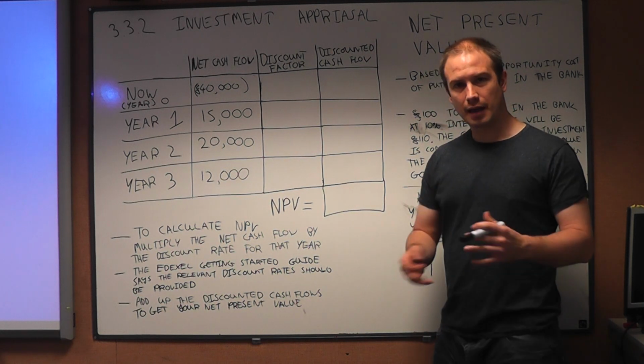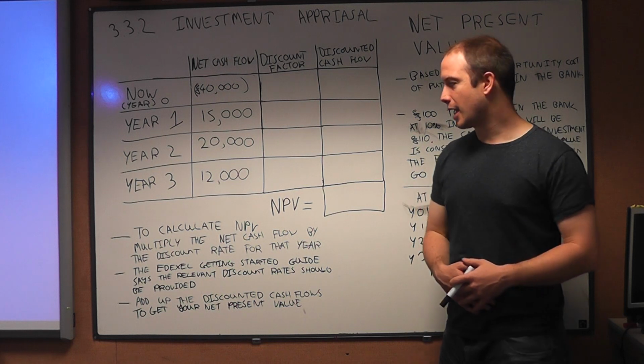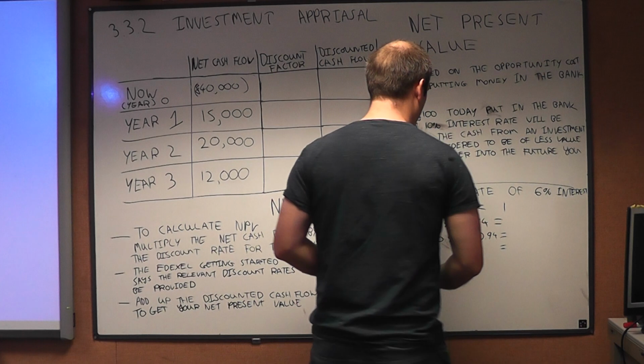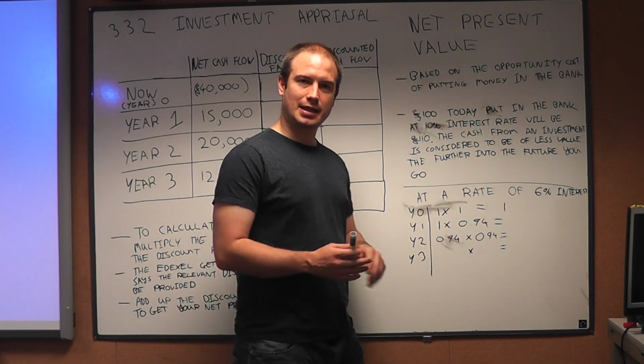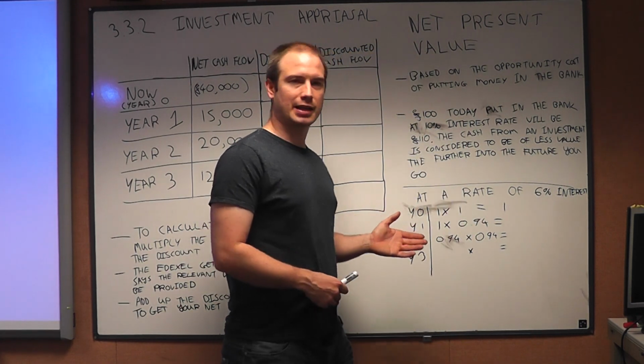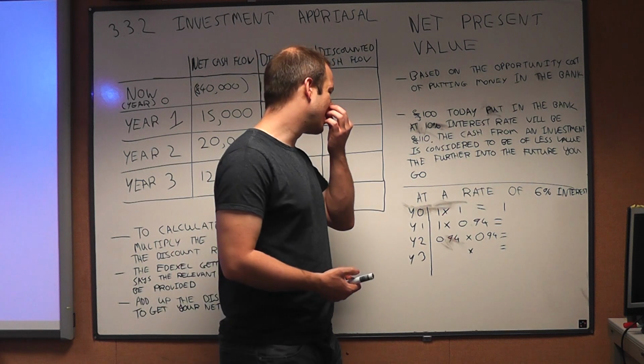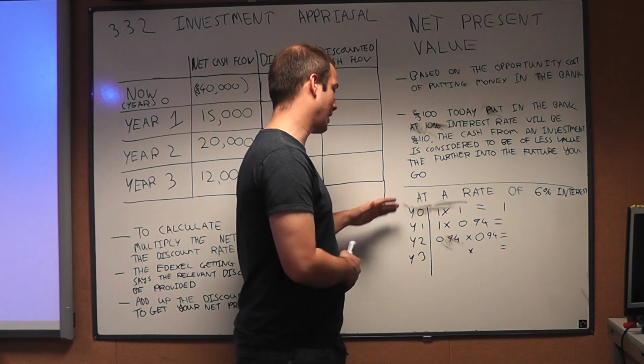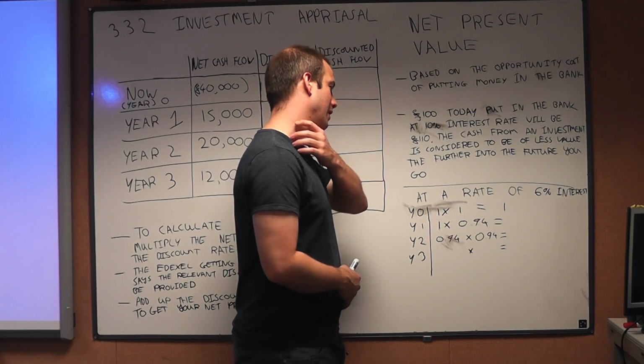So let's look at where the discount rate comes from. Basically, as money loses its value over time, we have to consider the interest rate, because ultimately that's what's defining it.